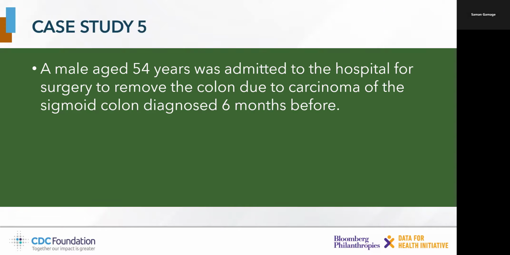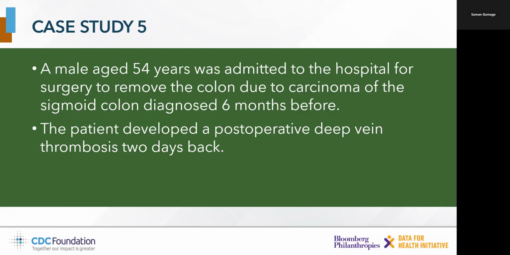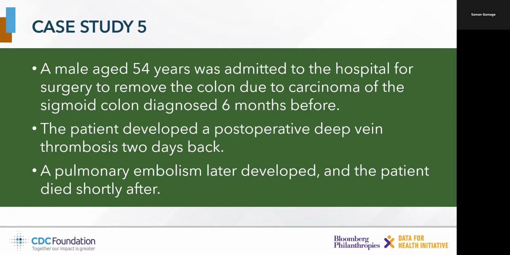Another case study: a male aged 54 years was admitted to the hospital for surgery to remove the colon due to carcinoma of the sigmoid colon, diagnosed 6 months before. The patient developed a post-operative deep vein thrombosis 2 days back. Pulmonary embolism later developed and the patient died shortly after.